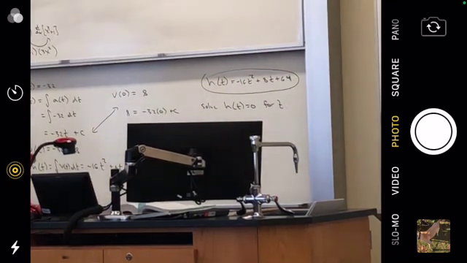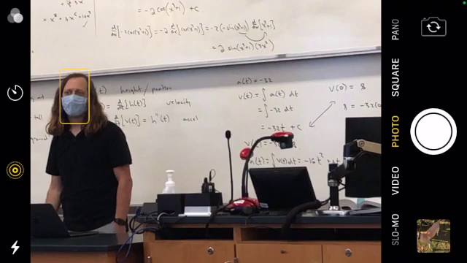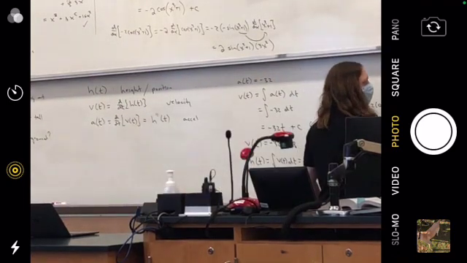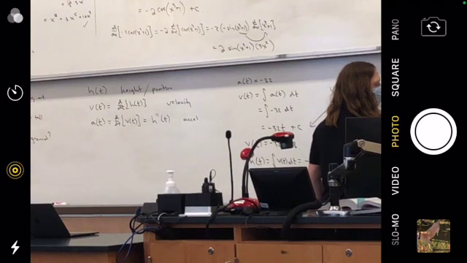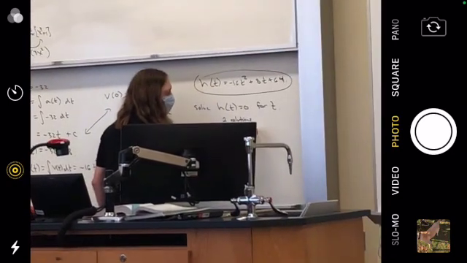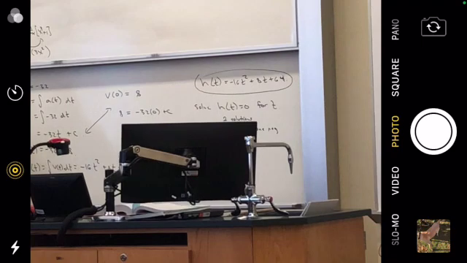If I always know the height, setting that equal to 0 tells me when I hit the ground. And when I do that, this is quadratic, so there's two solutions. One is positive, one is negative. Which one do I pick? The positive one.